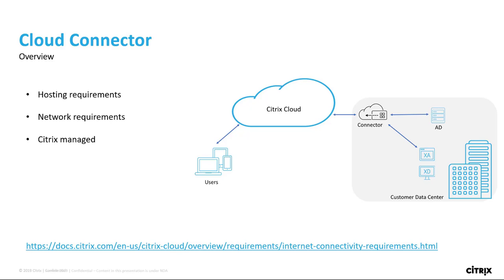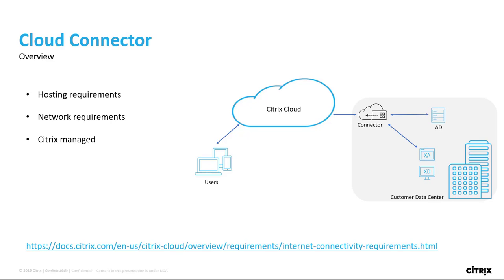It does also require some domains to be accessible, such as the citrix.cloud.com domain, in the event that you are doing outbound URL filtering. But then, of course, once the connector is installed on that virtual machine, you obviously have to maintain the power for it, keep it running in your rack or wherever your resource location is hosted.